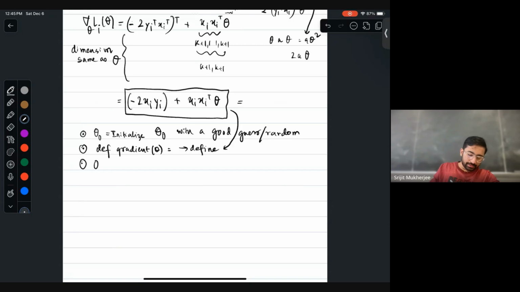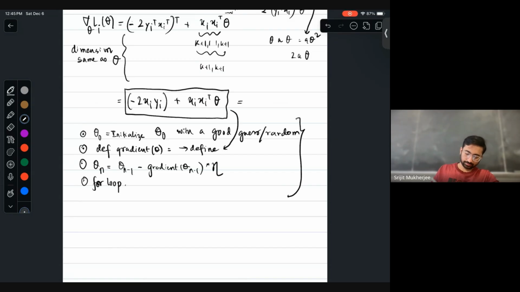And then you update theta n as theta n minus 1 minus the gradient of theta at n minus 1 times this learning rate. This will update to theta n, and then you build a for loop. So I'm trying to give you a pseudocode because next day we will be coding it out. So this is a pseudocode. For loop till it converges.